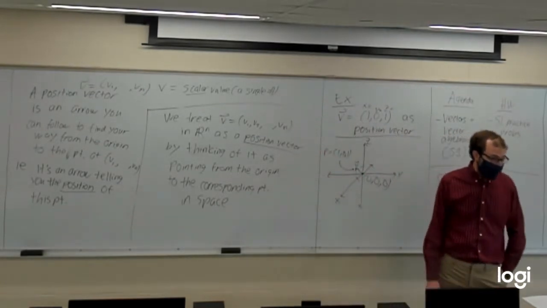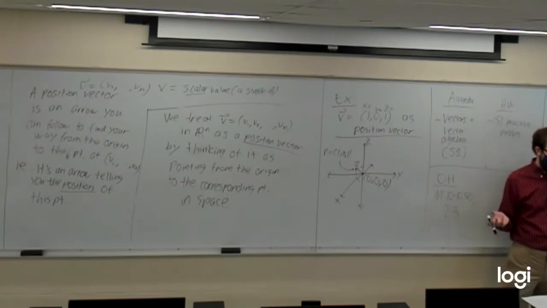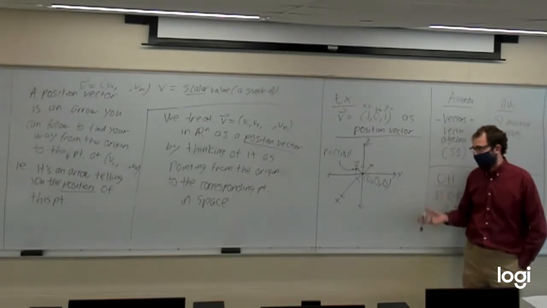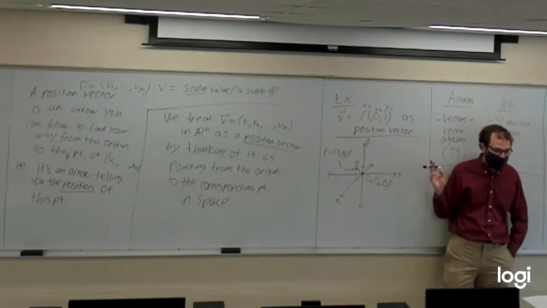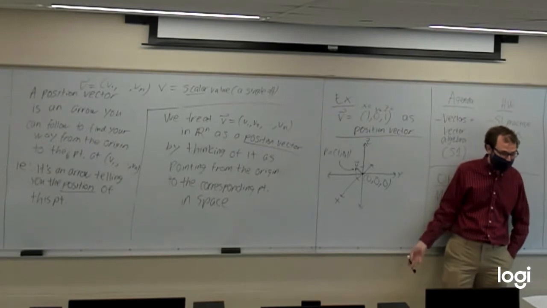So, there's another type of vector that's called a displacement vector. When we're looking at a position vector, we're always assuming we're starting at the origin, and we want to say, how do we get from the origin to a particular point?